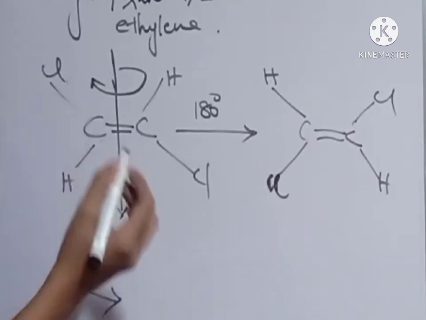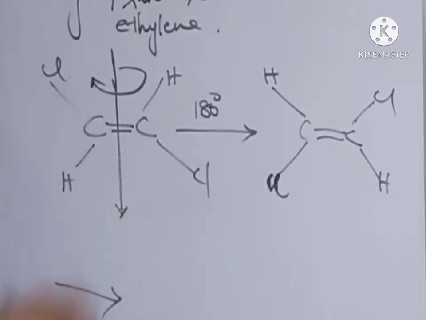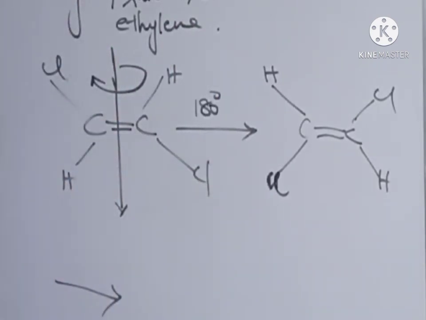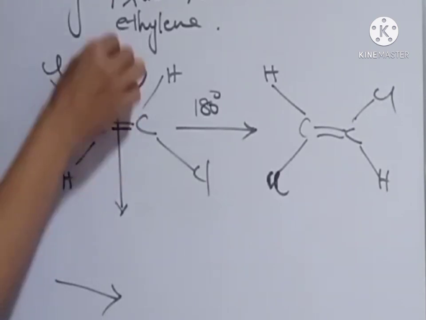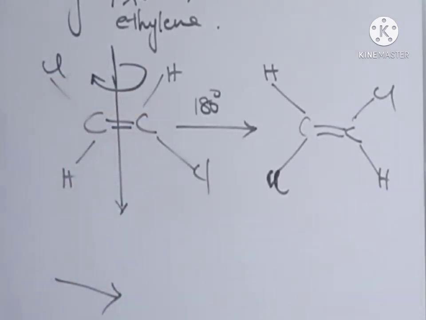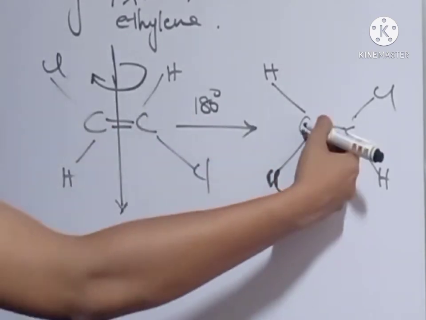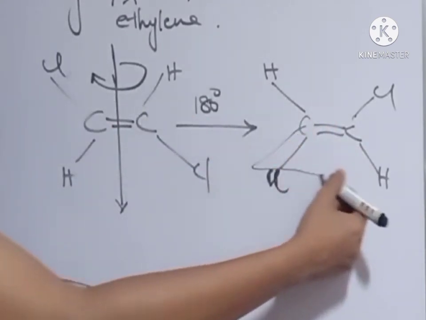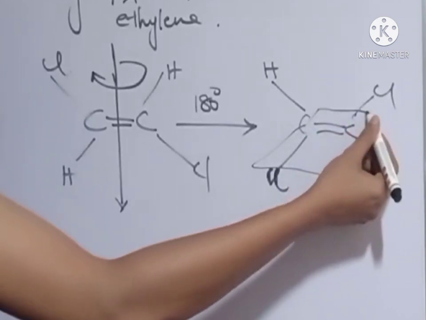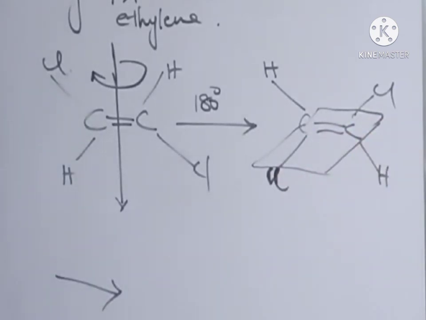The next process we have to do is to reflect this molecule through a plane which is perpendicular to this axis. So, perpendicular to this axis means it is cut like this. So, we have to consider a line passing through these two double bonds.